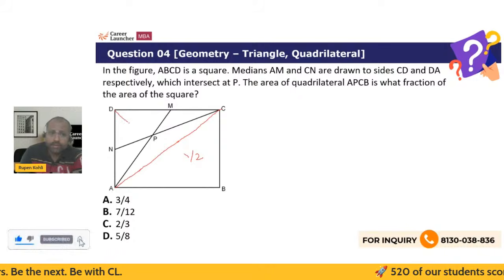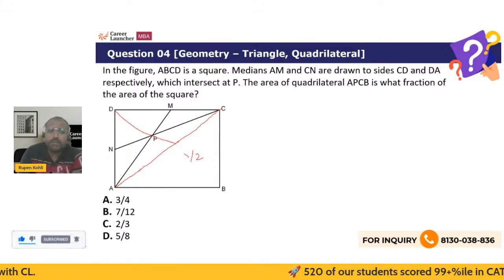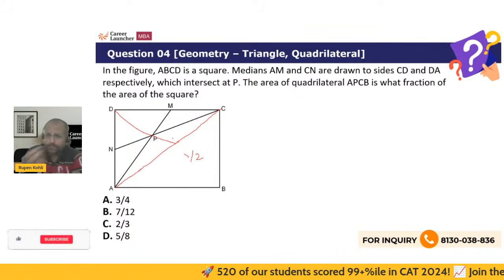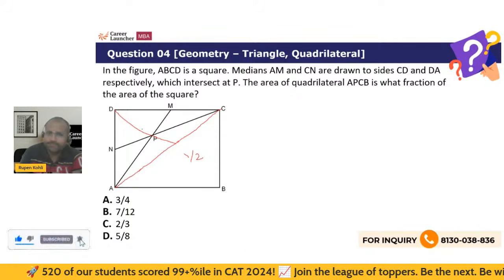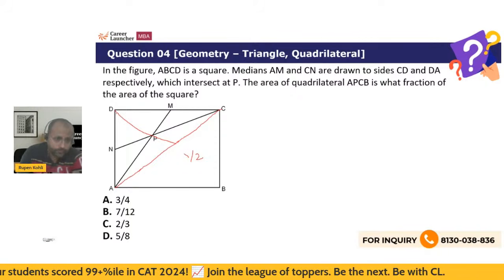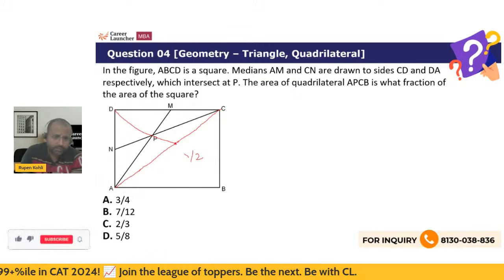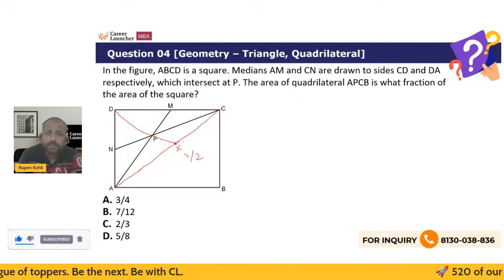So why don't I join this DP to form the third median also? Don't mind my line, I'm doing my hand sketching. It's not perfect, but yeah, it's a line. So with this, call it some X, this DX being the third median, this P being the centroid, now comes the property.